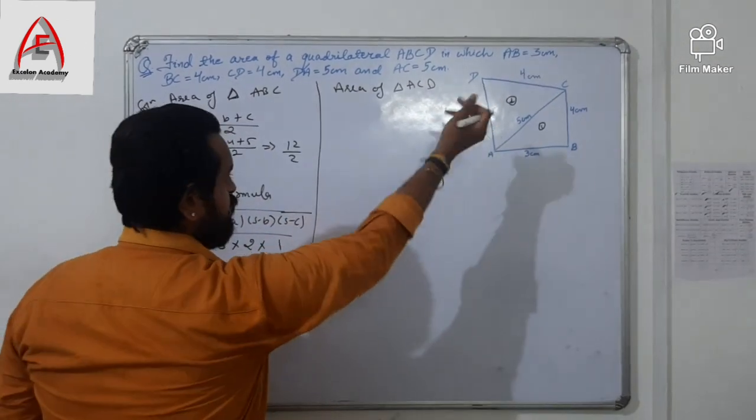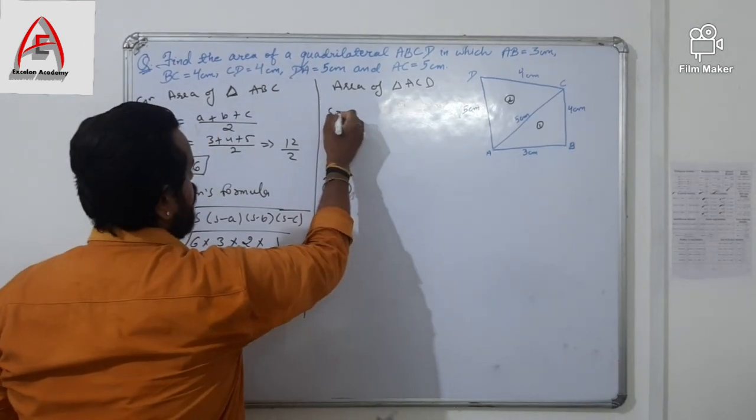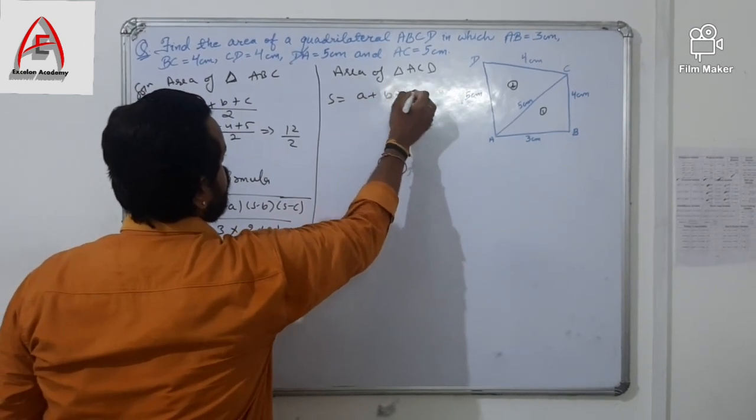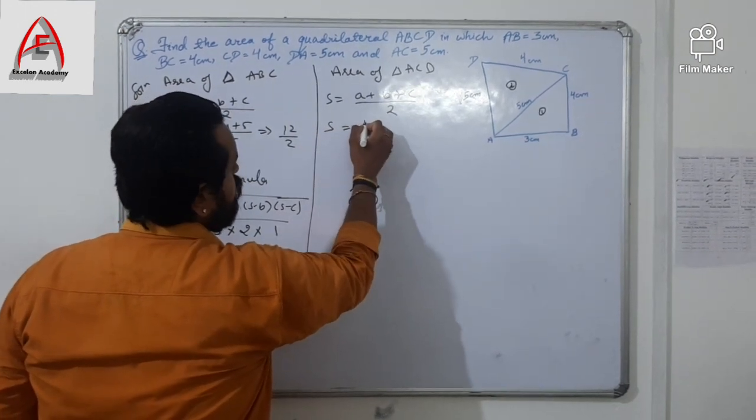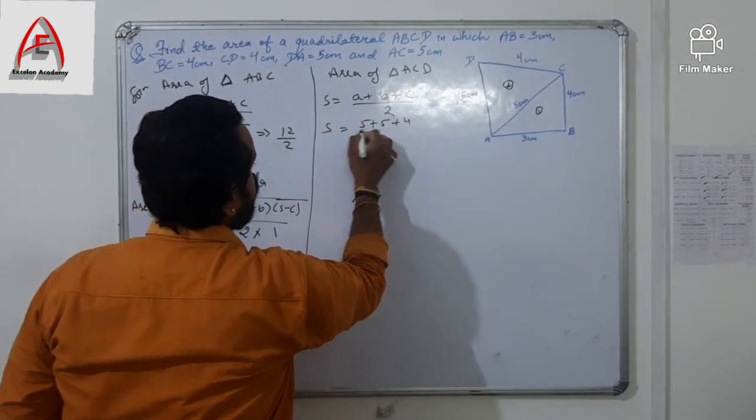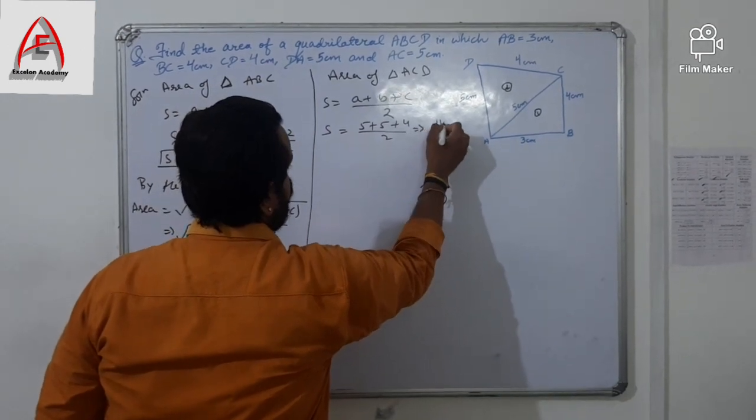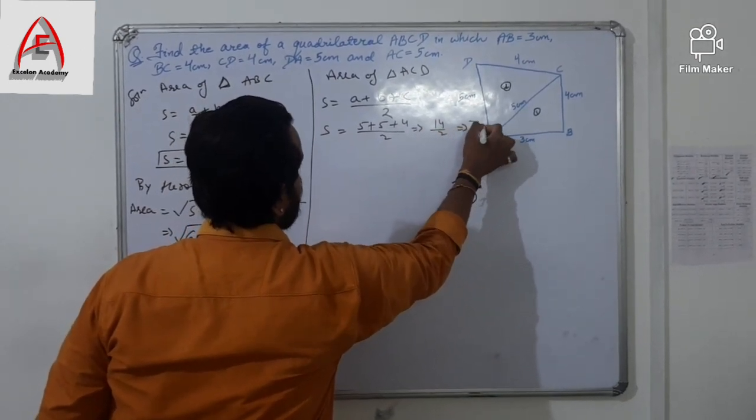Now we will calculate the area of triangle ACD. S is equal to A plus B plus C by 2. S is equal to 5 plus 5 plus 4 by 2, means 14 by 2, and this will be 7.